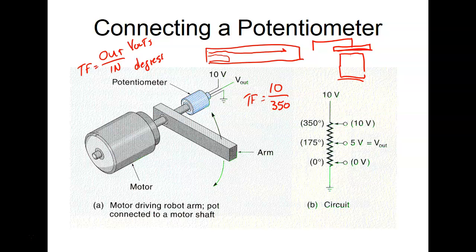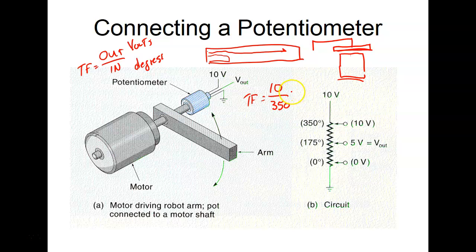So anybody got their calculator? The transfer function is going to be in volts per degree. 0.028.